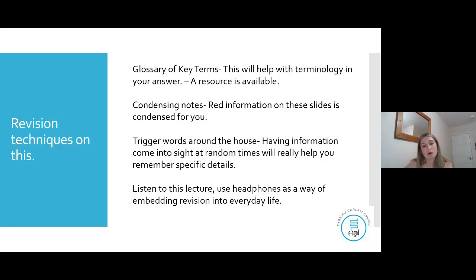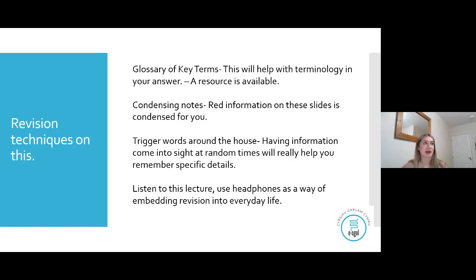Another really, really important and quite useful thing to do is to have trigger words around the house. Having information coming to sight at random times will really help you remember specific details. So write, little Albert was a controlled observation on a piece of paper. Stick it to a wall at home, somewhere where you see a lot, so the kitchen or the lounge or on the sofa or wherever.